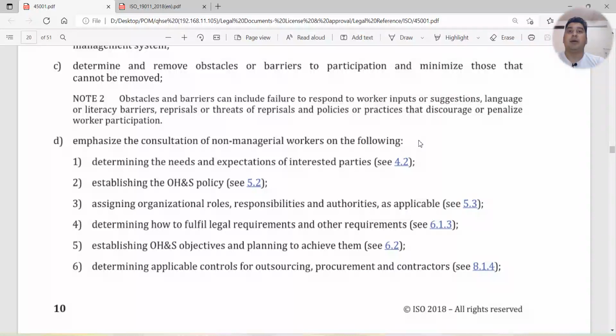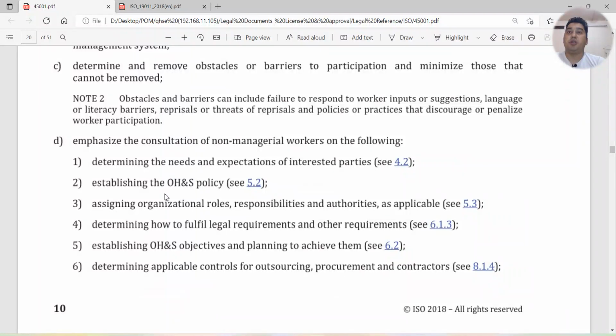When consulting with the workers, you have to determine the needs and expectations of interested parties. As you know, in clause 4.2 I asked you to identify your internal and external interested parties. So when you are doing the consultation and worker participation, you have to consider the needs and expectations of interested parties.